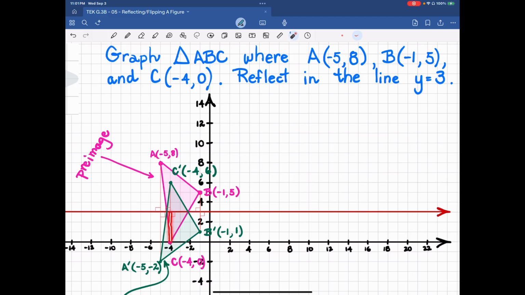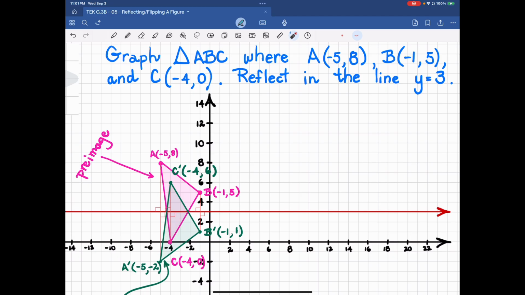So when I do that, I count how big it is. 1, 2, 3. So this is 3 units from C to the line of reflection. So to get to C prime, I'm going to go 3 units on the opposite side. 1, 2, 3, and that's going to bring me right up here.